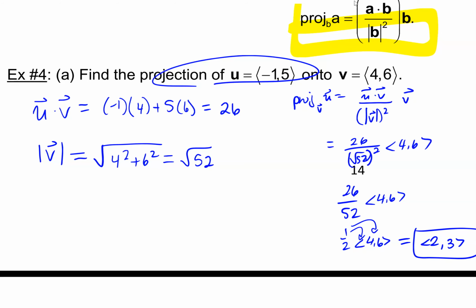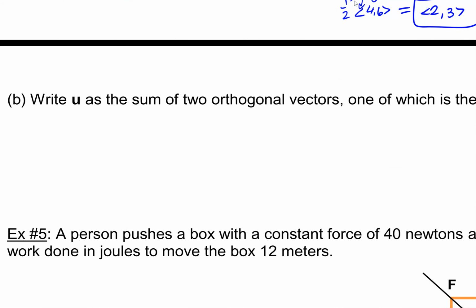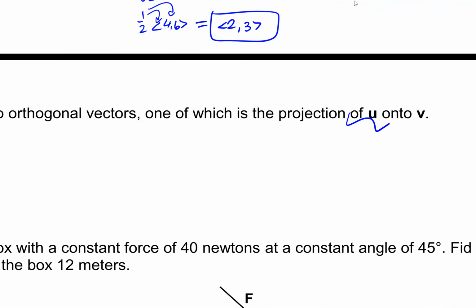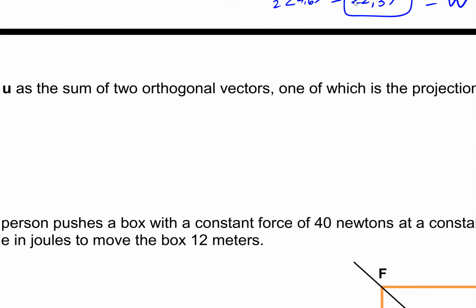Awesome. Then we need to write U as a sum of two orthogonal, so two perpendicular vectors, one of which is the projection of U onto V. This is what we just found. If I name this vector W, it makes sense to name it W because it's next alphabetically after U and V. So I want to write U as the sum of two orthogonal vectors.